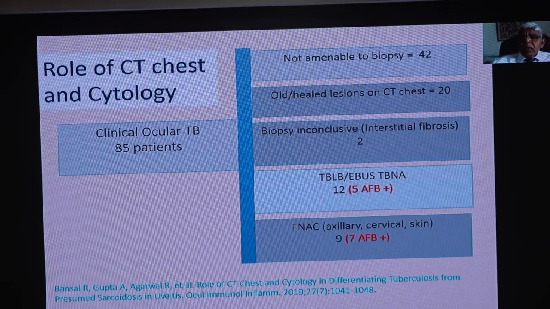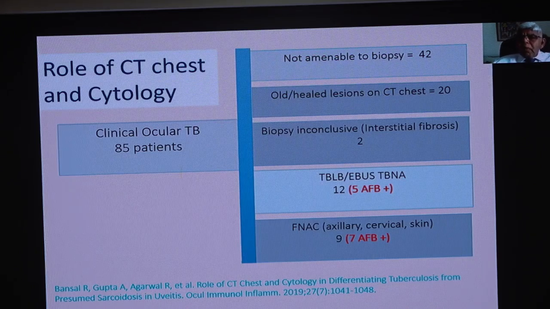Of the remaining, again roughly half had lesions suggestive of some old pathology. They were basically scarred lymph nodes. They did not reveal the active TB granuloma.